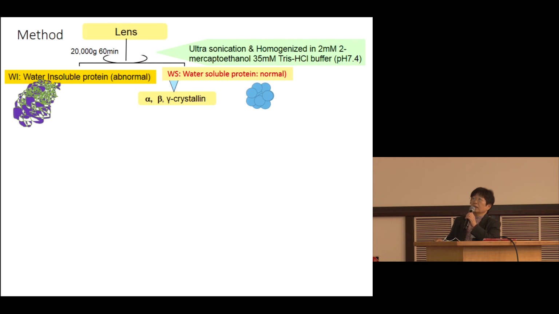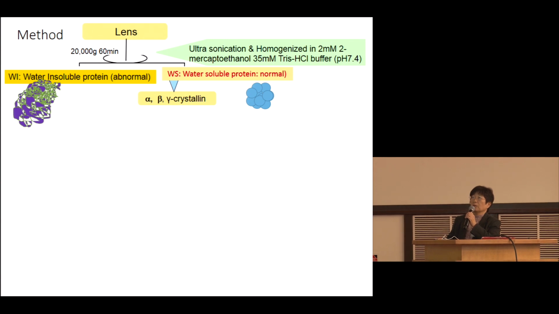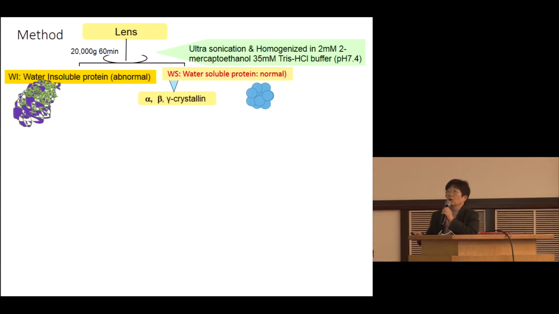Lenses were homogenized and separated into water-insoluble protein and water-soluble protein by centrifugation. Water-soluble protein contains normal crystallin proteins, and water-insoluble protein contains abnormal aggregates.